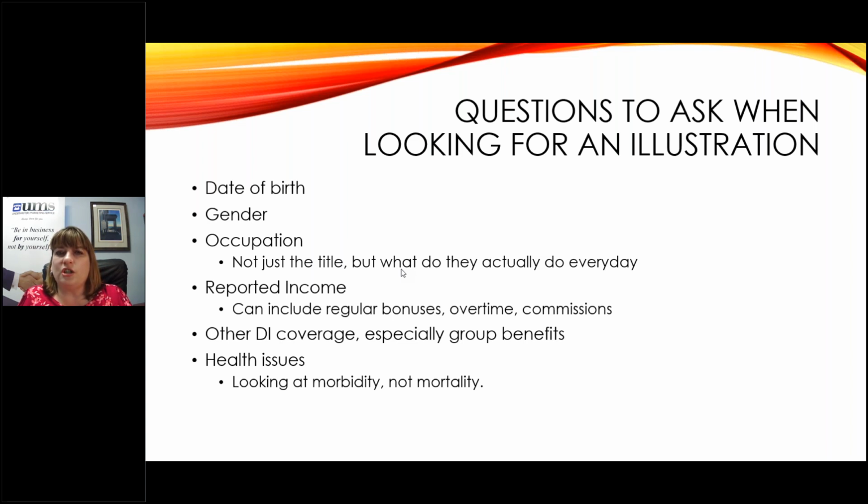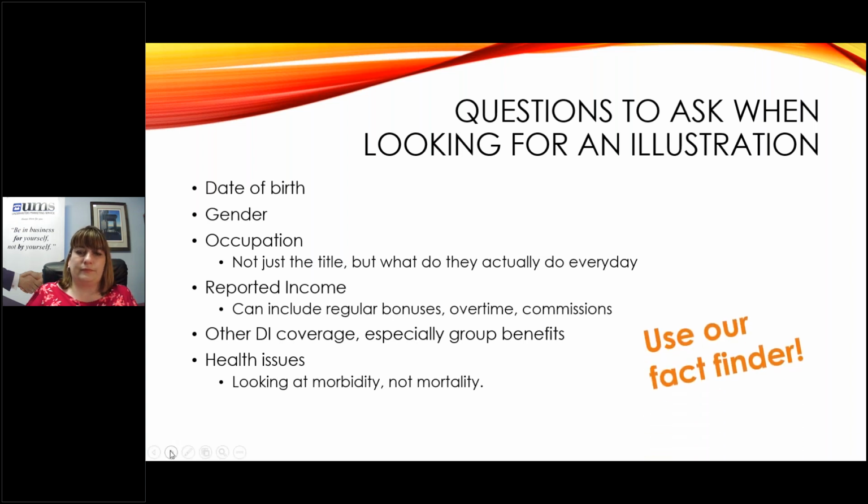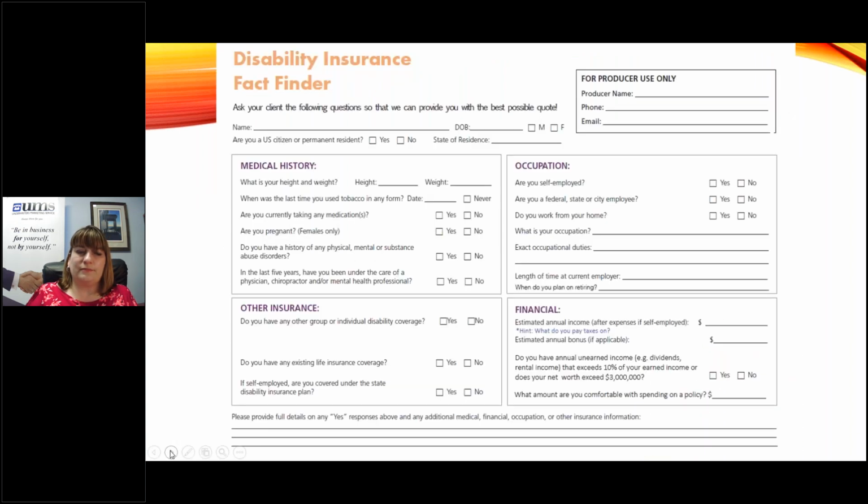They're more concerned about the person sitting at their desk who develops a back problem, because it's going to be difficult for them to go in and do their jobs every day sitting at a desk for 8 hours. Or someone that is on the road a lot, sitting in their car driving. So we're more worried about those issues than we are about the things that are going to kill them.